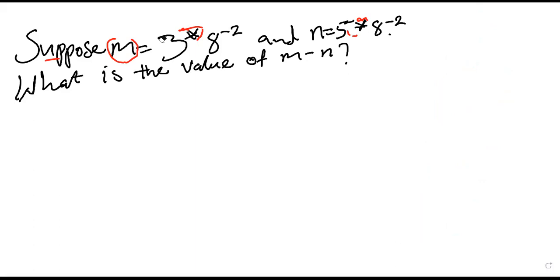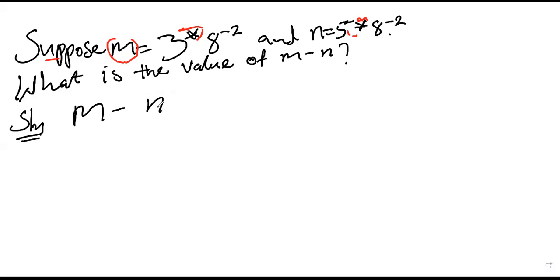Okay, so by my solution, I have 3 times 8 to the power of -2 minus n.